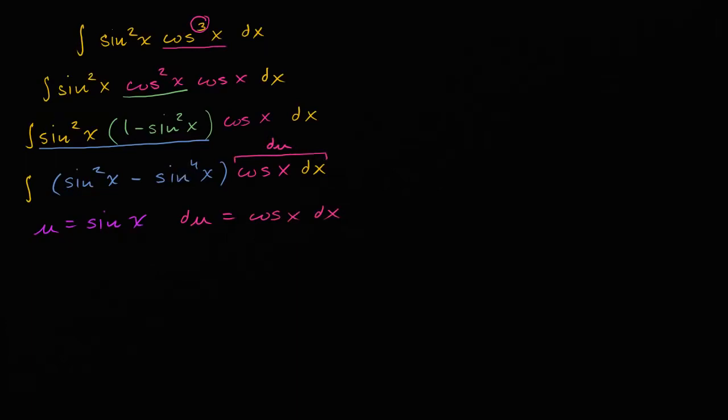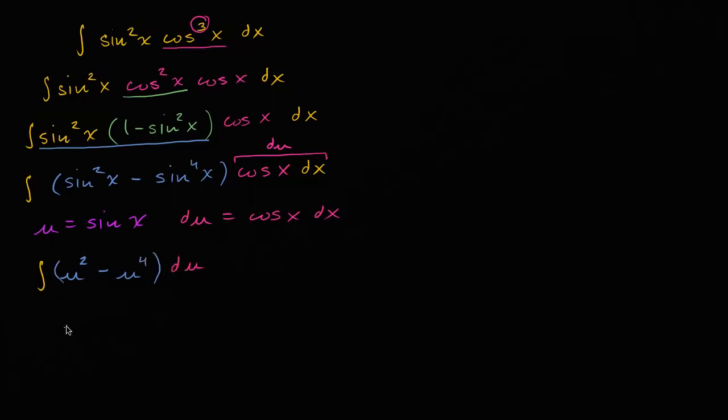So we're in the home stretch. So we can rewrite this as the indefinite integral. Instead of sine squared x, we're saying sine is the same thing as u, so we can rewrite that as u squared minus u to the fourth times du.